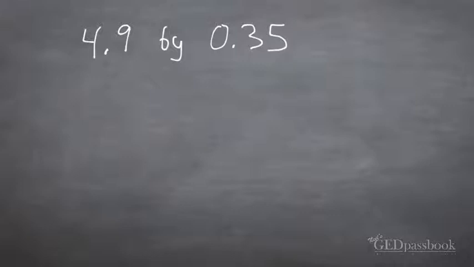Divide 4.9 by 0.35. Do we know what to do? Divide 4.9 by 0.35.